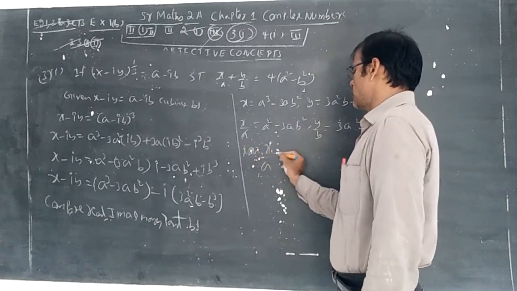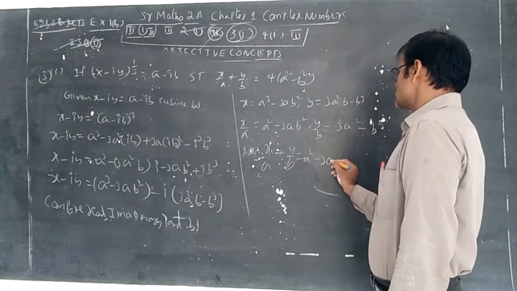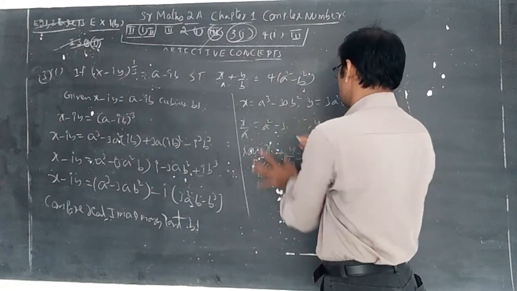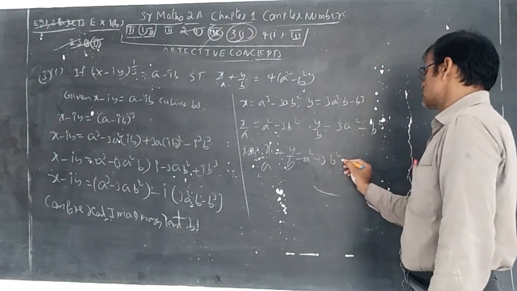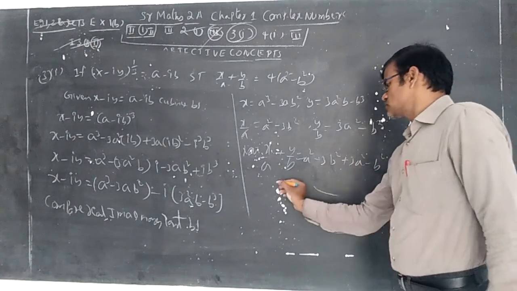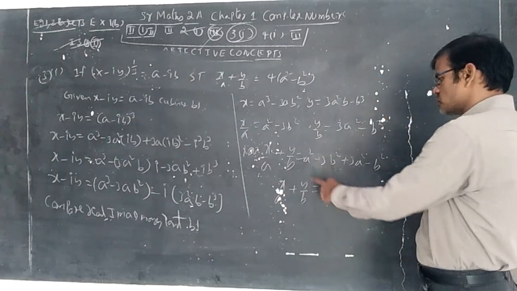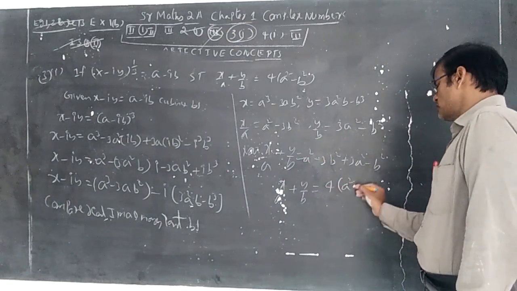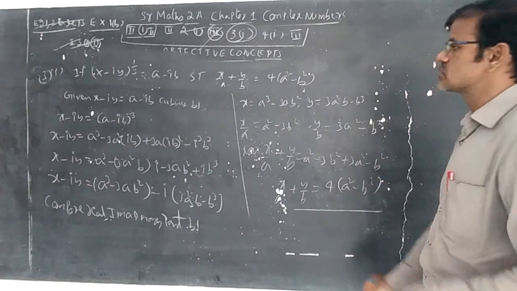X by a plus y by b gives a square minus 3b square plus 3a square minus b square. So we get the value x by a plus y by b is equal to a square plus 3a square becomes 4a square, and minus 3b square minus b square becomes minus 4b square. 4 we have taken common: 4 into (a square minus b square).